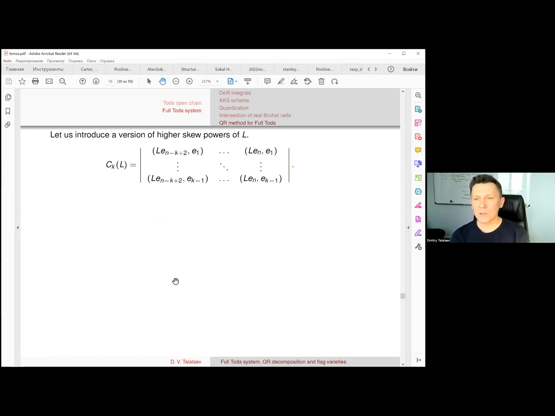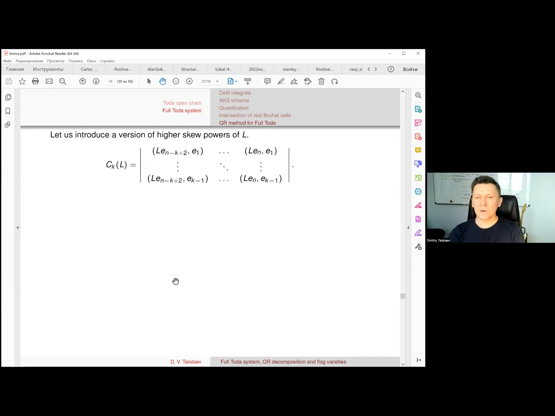Okay. The next part of my talk, the final part of my talk, is a generalization of the QR method for the full symmetric Toda system. Let us introduce some notation.